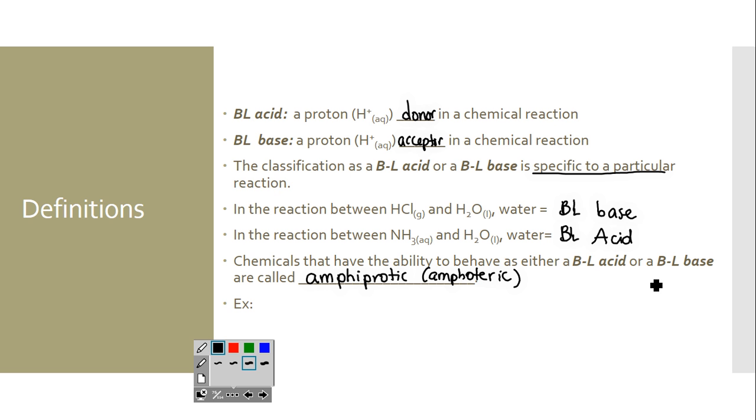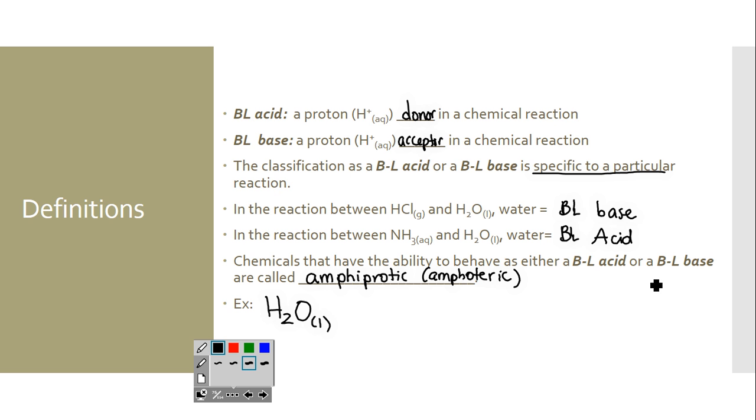Now, an amphiprotic substance, like I said, could be water. Water is probably the most frequent substance that you'll see, but I don't think the diploma will ever ask you, is water amphiprotic? Because everyone knows that it is. It's the way you explain what amphiprotic means.